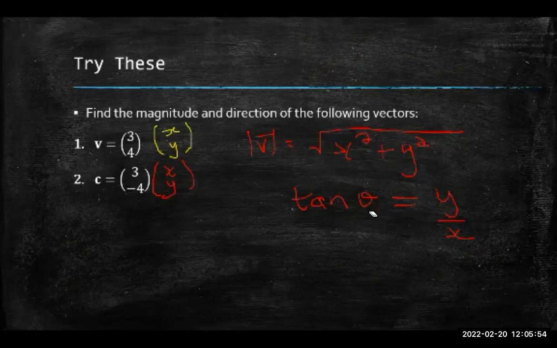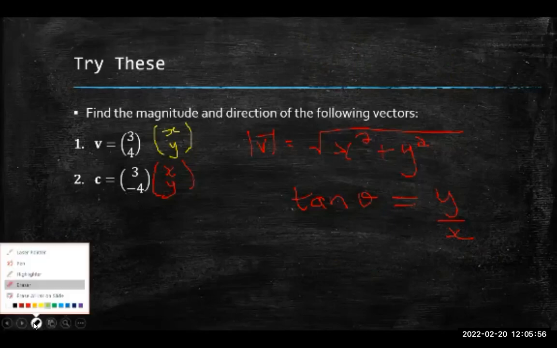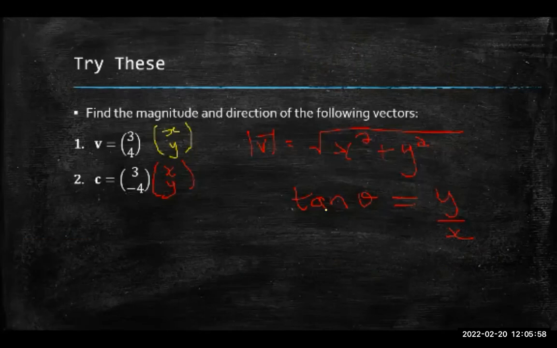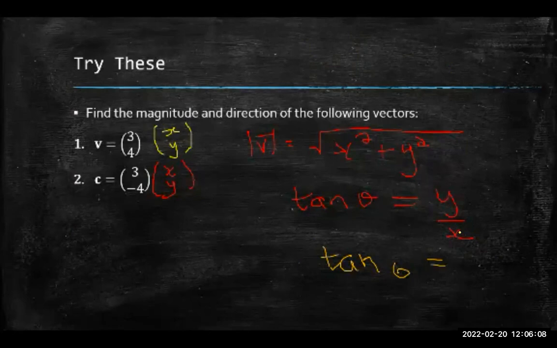So if I wanted to find the angle theta, tan theta is equal to y on x. Y is 4, x is 3. So that's 4 on 3.